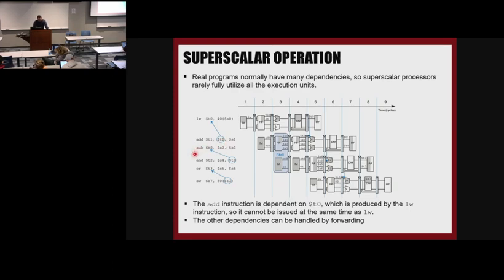Looking at the subtraction and AND instructions, we have another read after write dependency here, and another read after write dependency on these two instructions. So right now we have these dependencies, and we want to see how the two-way superscalar processor is going to work when I want to run this kind of program.